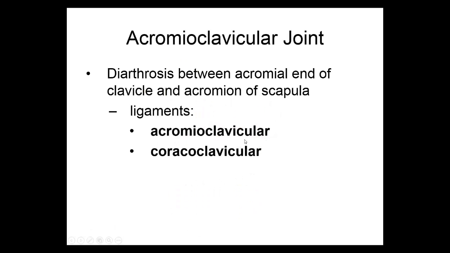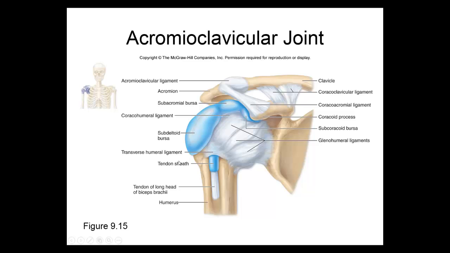Then we go to the shoulder, and before we get to the glenohumeral joint, we will realize that we also have a joint between the acromion and the clavicle. So we need to stabilize that as well. In order to stabilize it, we're going to have a ligament coming from the acromion to the clavicle, so it's the acromioclavicular ligament, and another ligament coming from the coracoid process to the clavicle, that will be the coracoclavicular ligament.